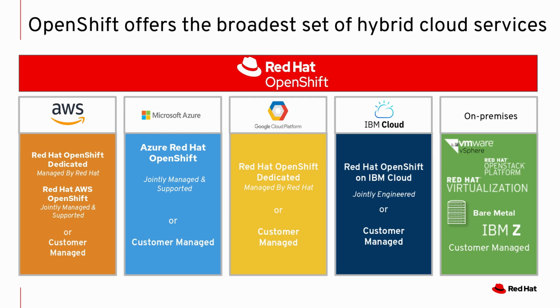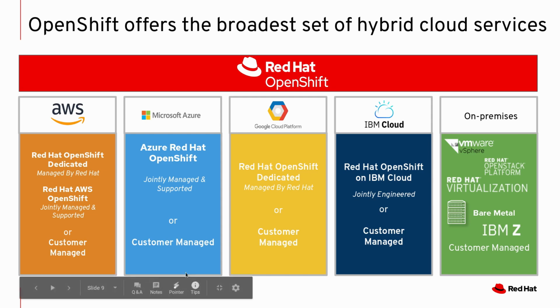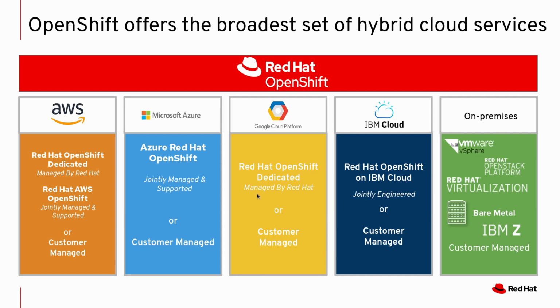So OpenShift can be deployed on different public cloud, as well as private on-premise environments. So you can see here on 4 major public clouds, we give you a choice between custom managed deployments of OpenShift and managed service deployment, which are provided and maintained by the cloud vendors together with Red Hat.